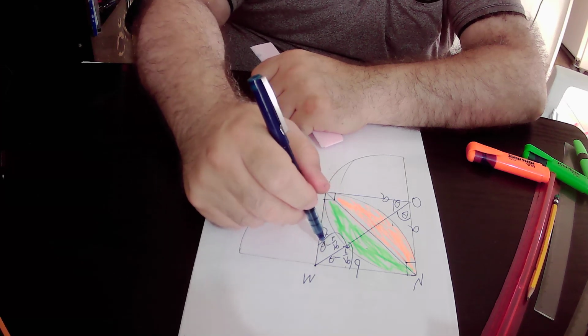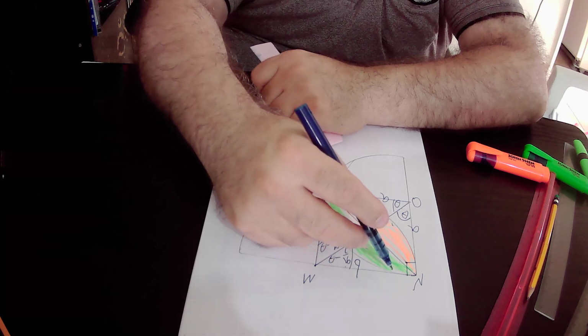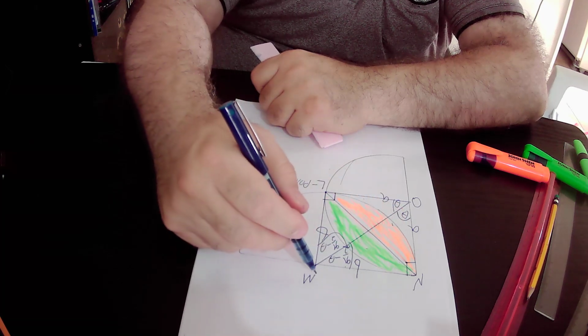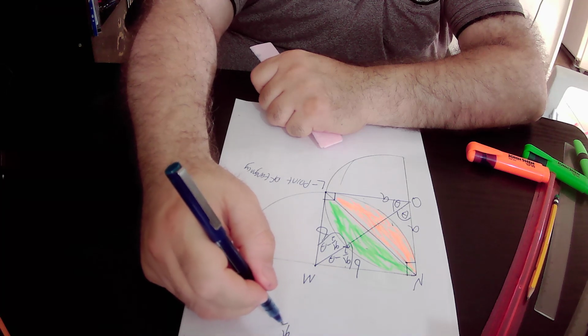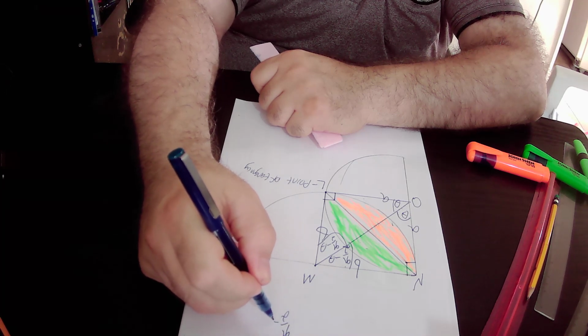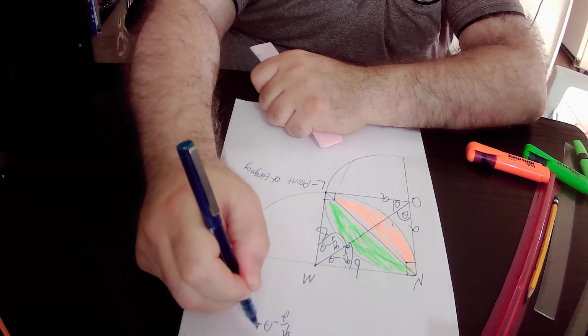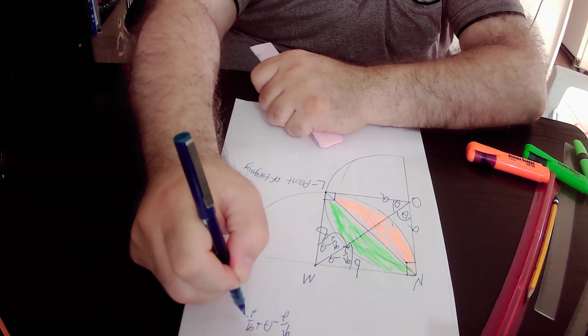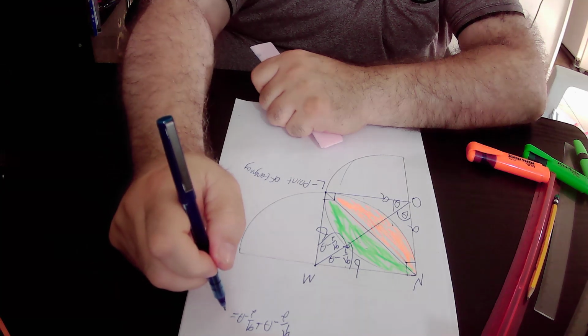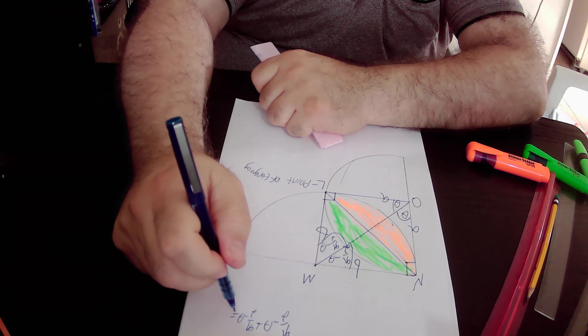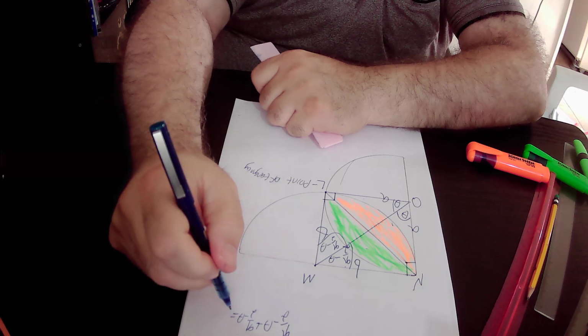So we'll add the two angles together, and this will give us the size of the angle NML. Pi over 2 minus theta plus pi over 2 minus theta equals pi over 2 plus pi over 2, which is pi.